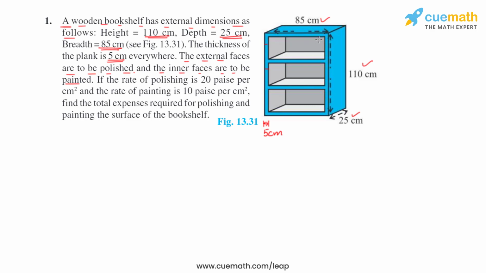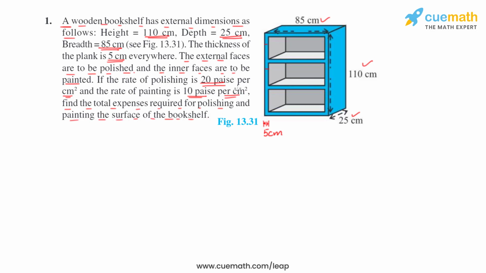The external, the blue part you can see, needs to be polished, and the inner faces, the gray and white part, they need to be painted. If the rate of polishing is 20 paise per square centimeter and rate of painting is 10 paise per square centimeter, then find the total expenses required for polishing and painting the surface of the bookshelf.